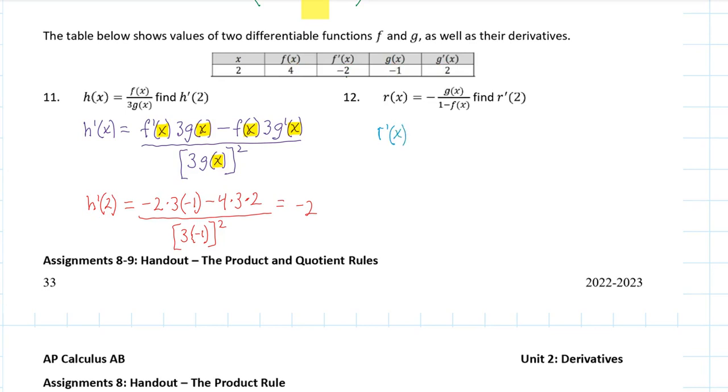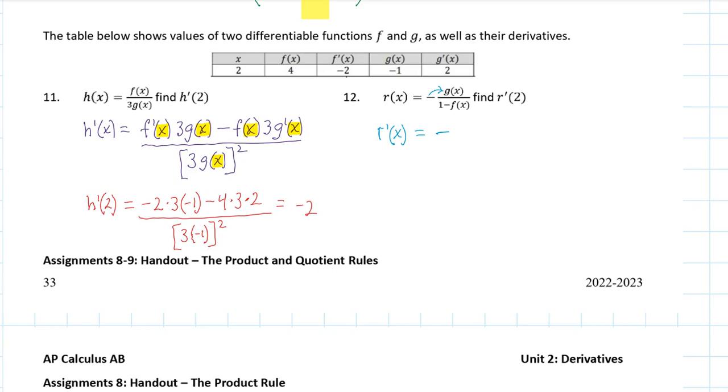R prime of x is equal to, now this time I've got this little negative out front, so I can't forget about that. That negative's got to stay. In fact, if it's me, I like just bringing the negative right up to the top. So I'm going to call that negative g of x, and leave it up top.